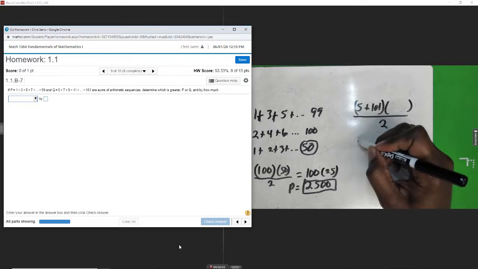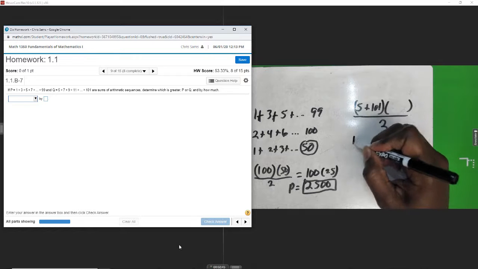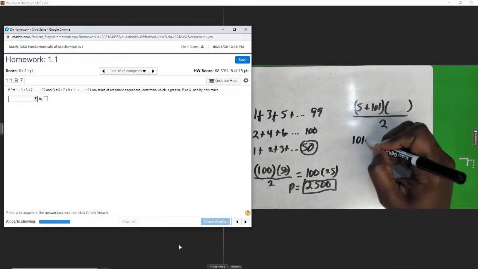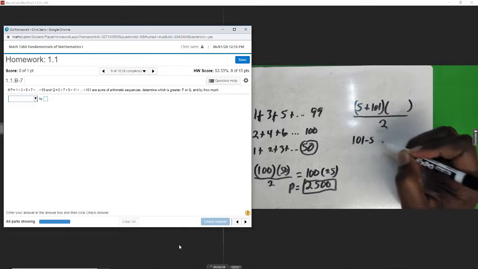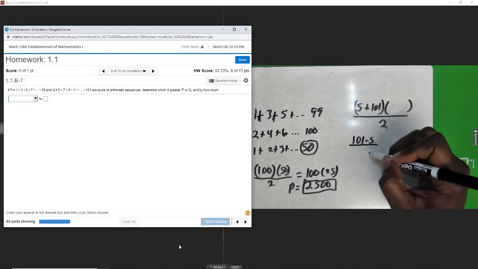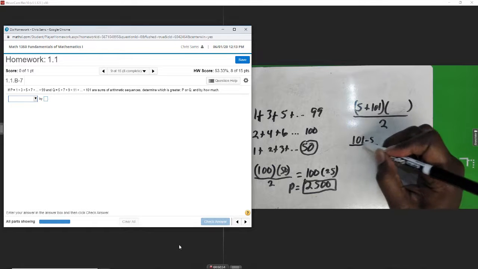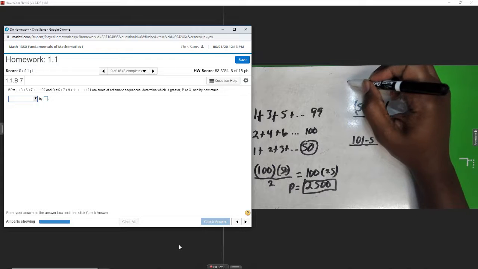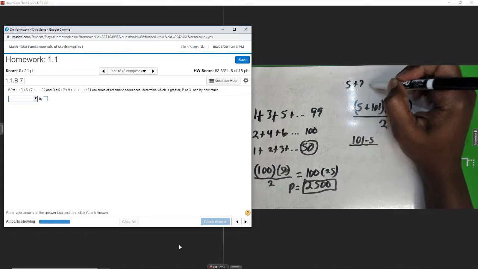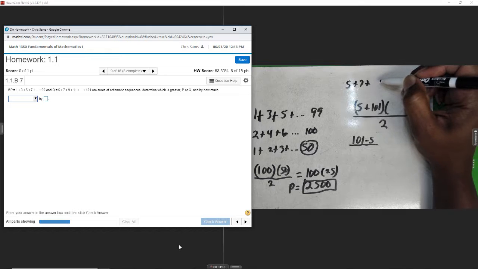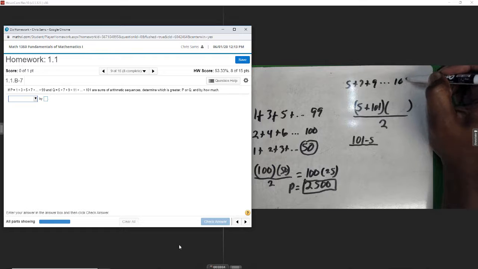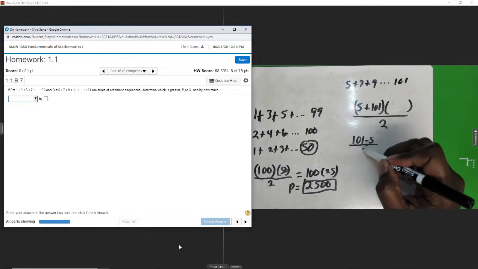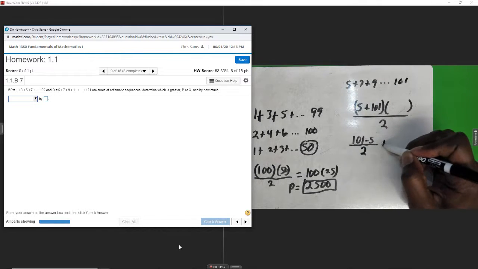I'm going to say the biggest, 101, the last, minus the first, minus 5, divided by the difference. So these terms are counting by 2 as well because it starts with 5, and then 7, and then 9, dot, dot, dot, 101. So divide by 2, and then we have to add 1.